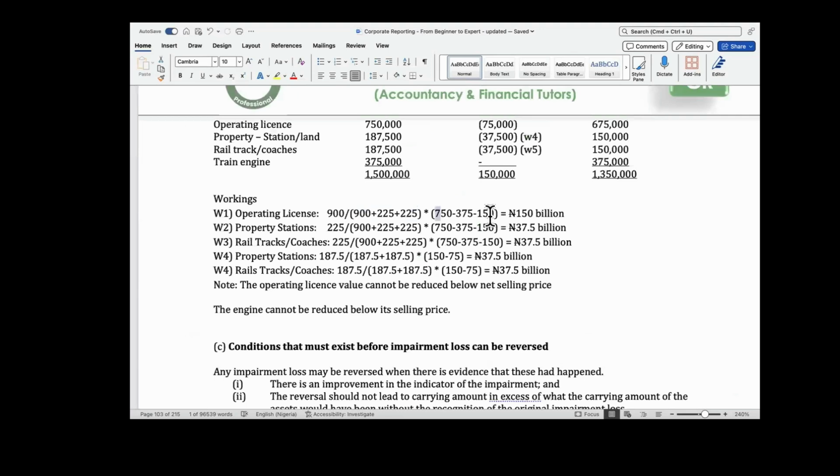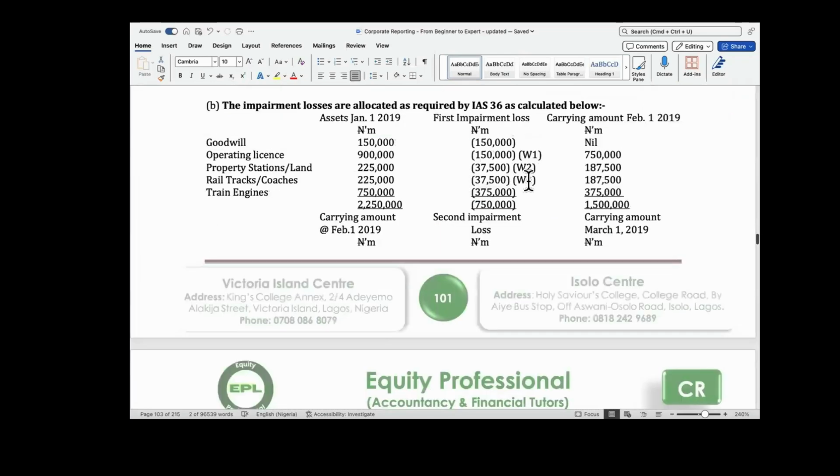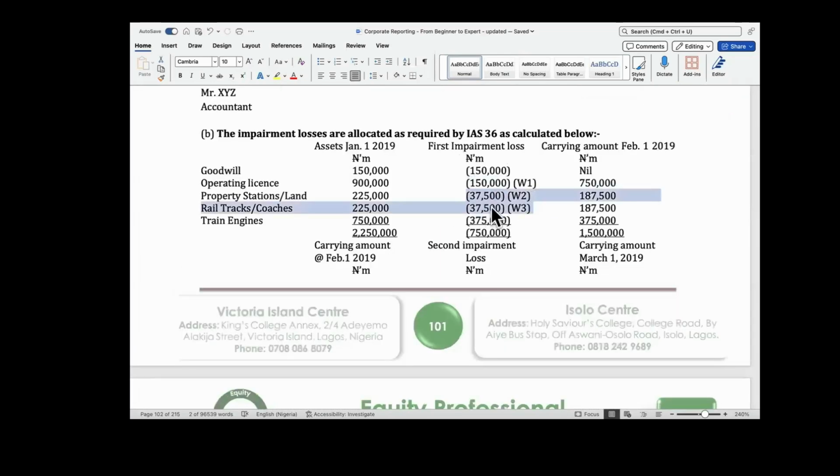So we are allocating 150 to license. To property stations, the same mathematics. We are allocating these amounts. Then rail tracks, we are allocating these amounts. And that is where we got these 150, 375, and 375. Then these values are this. Any questions?